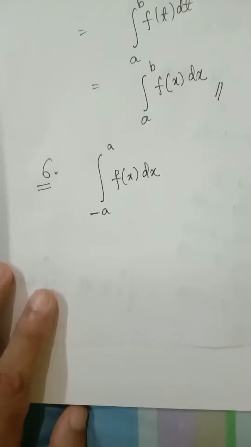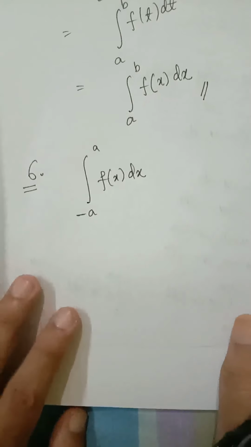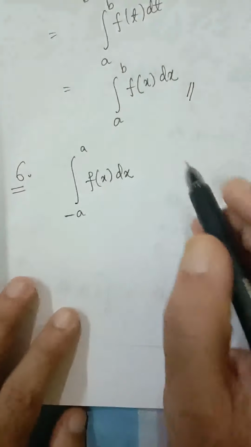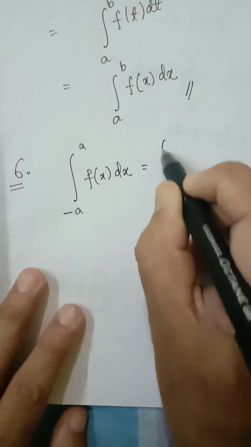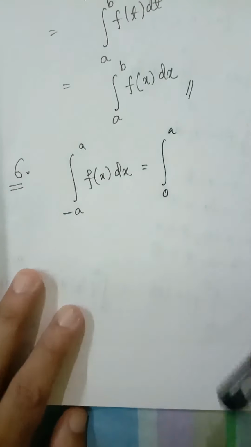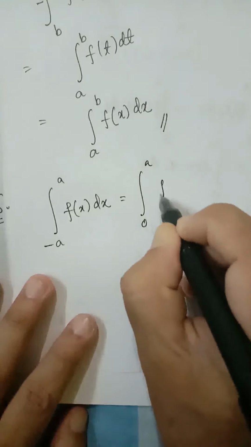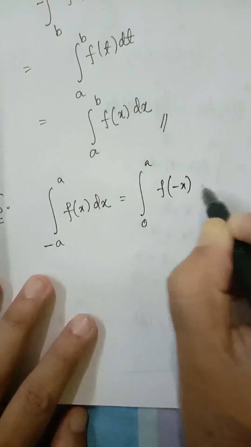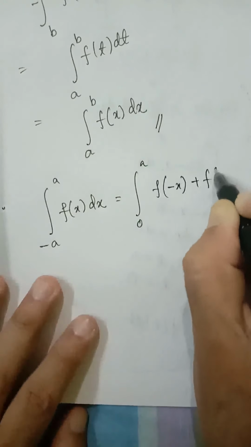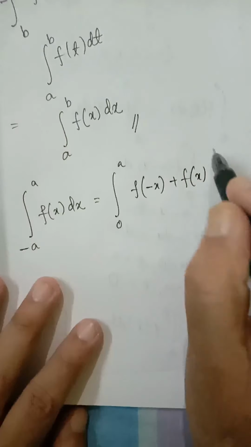Next, property number 6: integration of minus a to a f(x) dx is equal to 0 to a of f(minus x) plus f(x) dx.